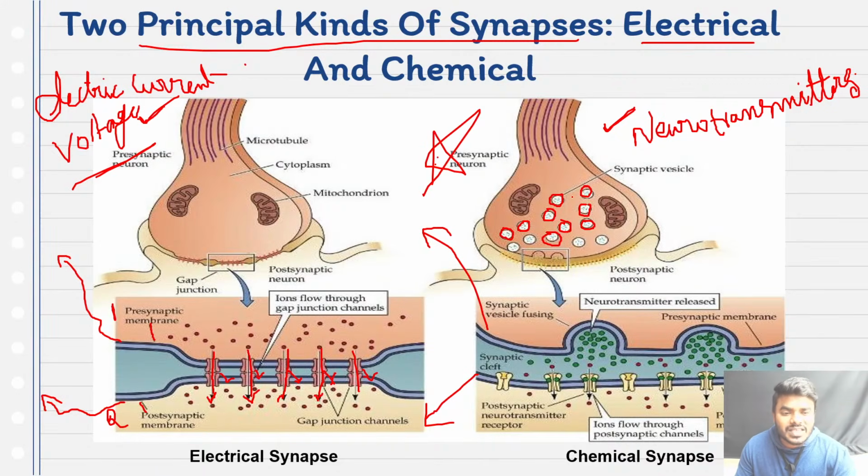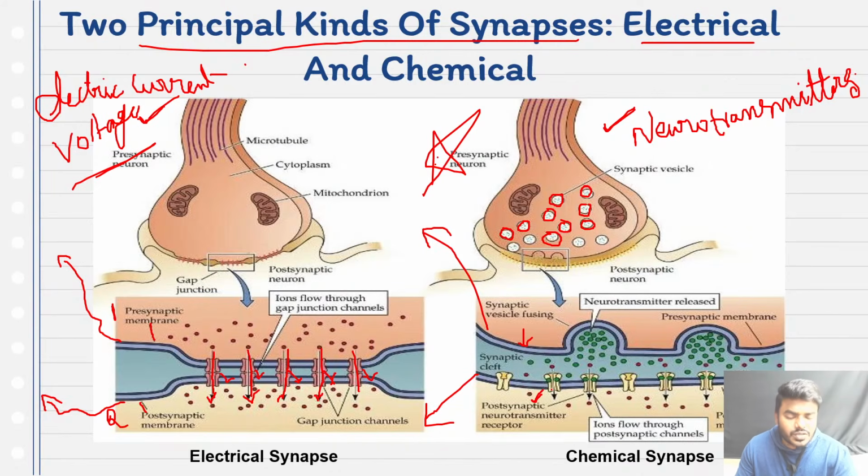Now this synaptic vesicle, which contains an abundant amount of neurotransmitters, whenever they come and fuse with the membrane, see here, they fuse with the membrane. The moment they fuse, you can see here the green color ones are the neurotransmitters. All the neurotransmitters will come and associate where? Friends, look into the diagram.